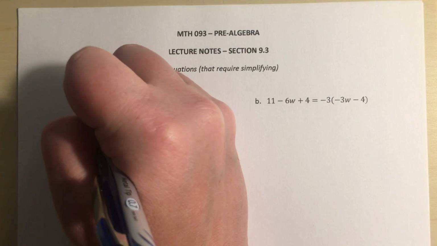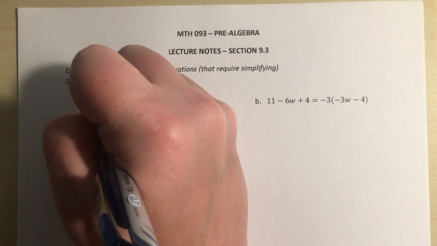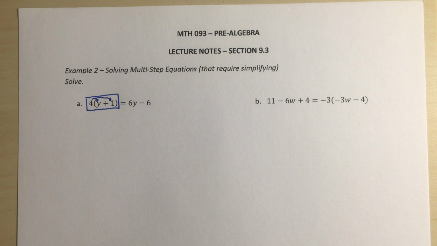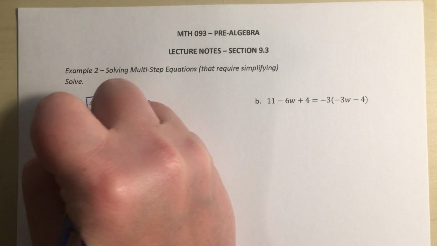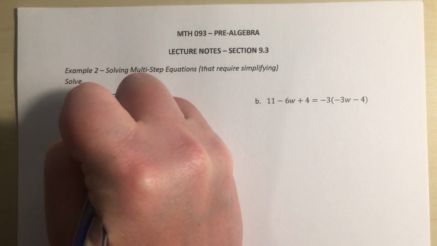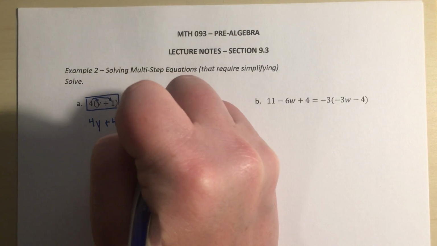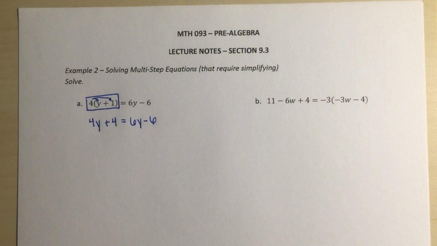If it's helpful to draw little arrows, we can draw little arrows. I'm going to do it for this first one, but not necessarily for the rest of them. So 4 times y is 4y, 4 times 1 is 4. On the other side, we just have 6y minus 6.